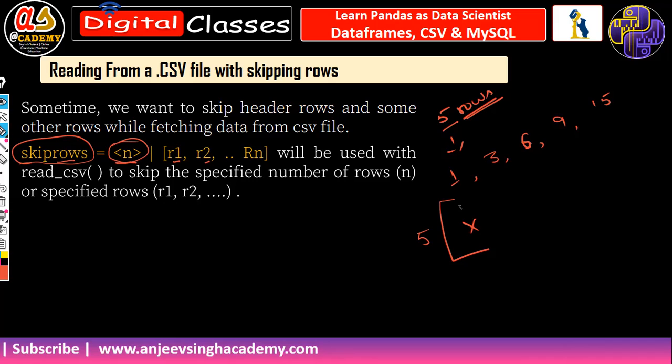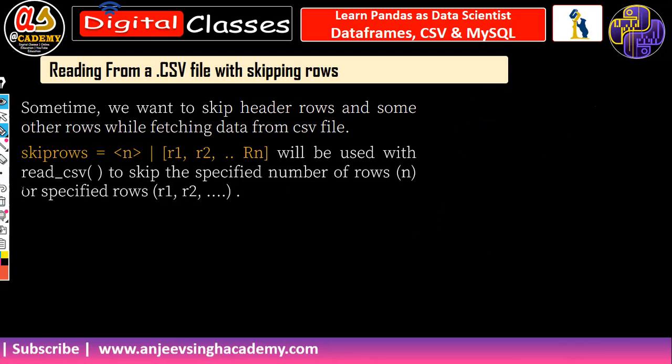In the second, I'm telling it to skip the first row, the third row, the 6th row, the 9th row, and the 15th row. Look at this. Instead of the first 5, I'm saying skip only the specified rows. So in two ways you can provide data to skiprows, and it will be used to skip the specified number of rows or specified rows from the CSV file.